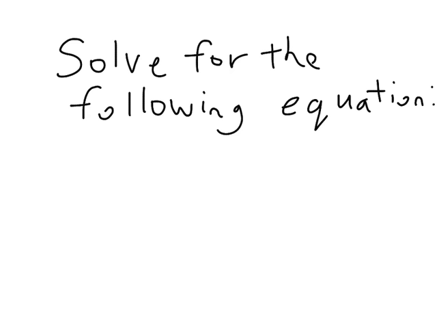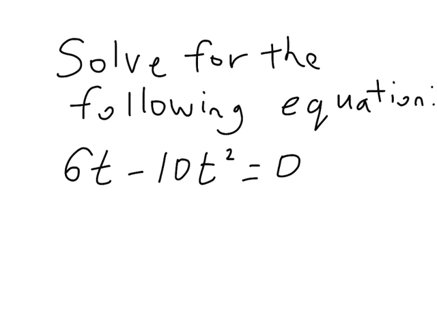Next, we are going to solve an equation like this: 6t minus 10t squared equals 0. To solve this equation, first, we factor the left-hand side.